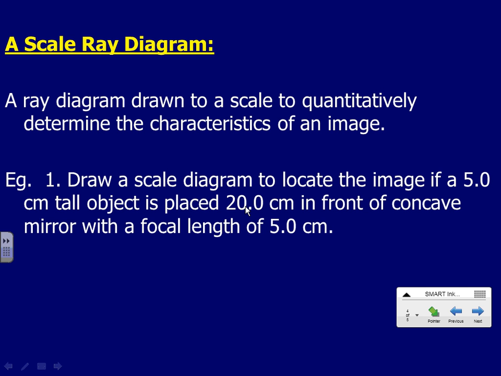So HI is equal to 0.33 times 5. No one wants to share? Sorry? Negative 1.65 centimeters.